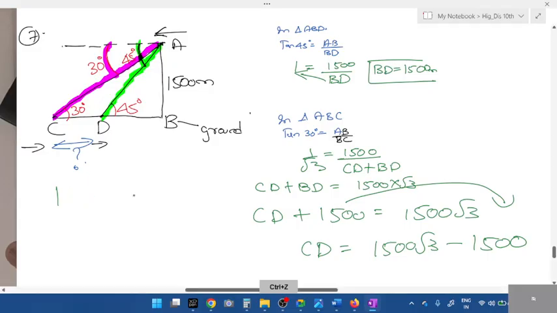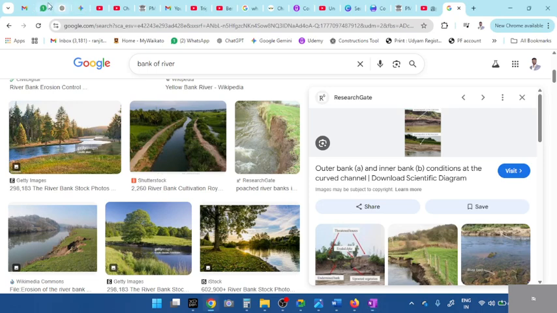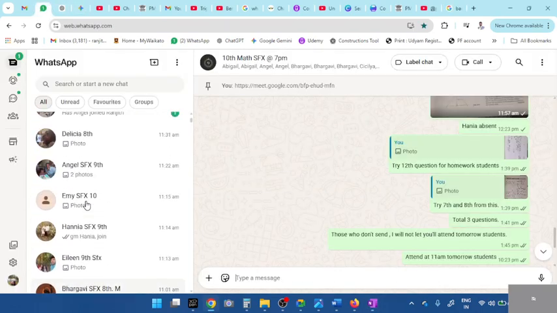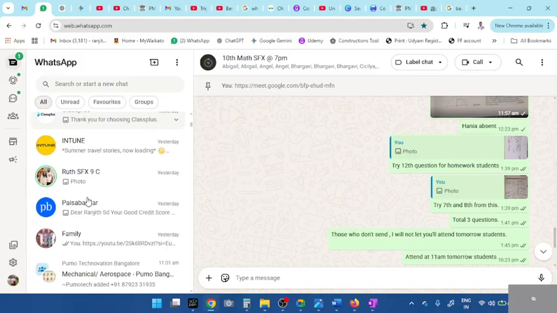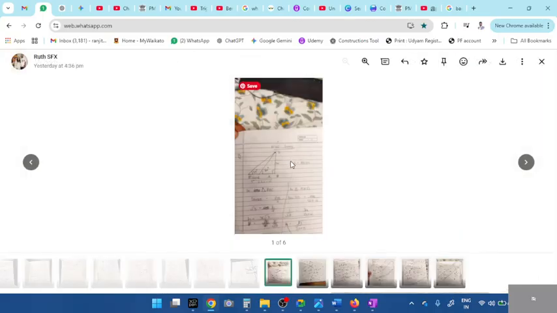See, Ruth, you're getting confused. I think you took triangle ACD. How can you take triangle ACD? Is it 90 degrees? No, right? The mistake is you have taken AD as 1500. Have you taken AD as 1500? Yes, tell me, Ruth, what have you taken?